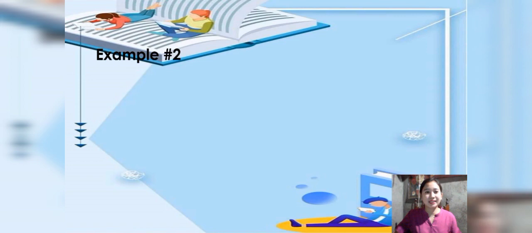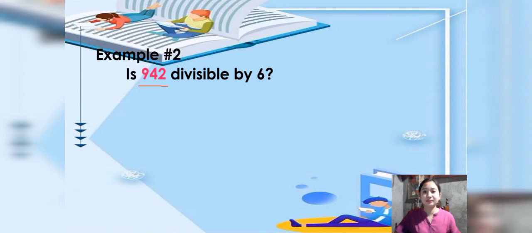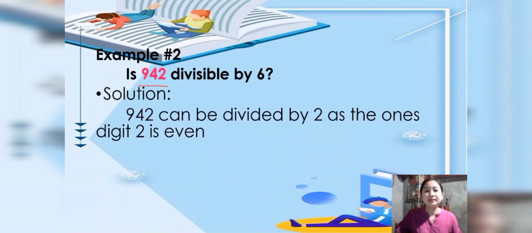Another example, is 942 divisible by 6? Here's the solution. 942 can be divided by 2 as the ones digit, 2, is an even number.